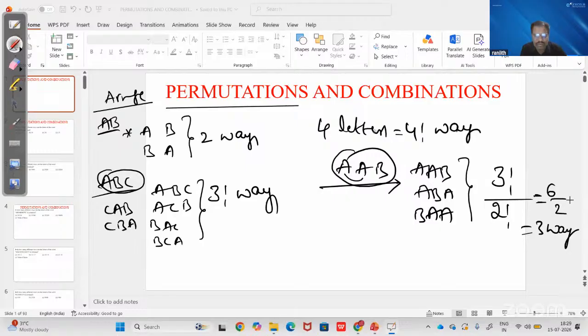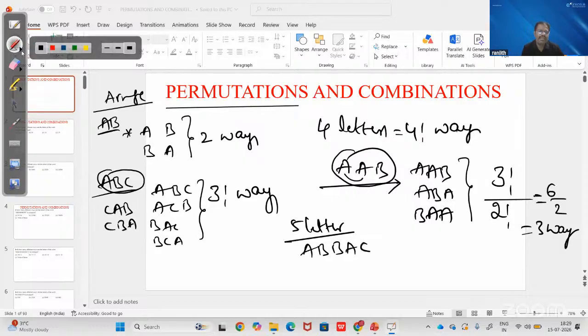If you are having 5 letters, A, B, B, A, C, in how many ways can we arrange them? Total how many letters? 5 letters.